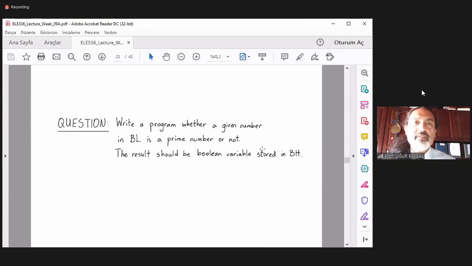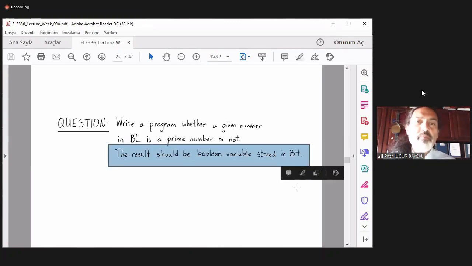You write a program that determines whether a given number in BL is a prime number or not. What's a prime number? It will be defined in the next slide, but that's okay. The result should be a Boolean variable stored in BH. That means if the number in BL, the low byte of B, is a prime number, then BH should be 1, for example.